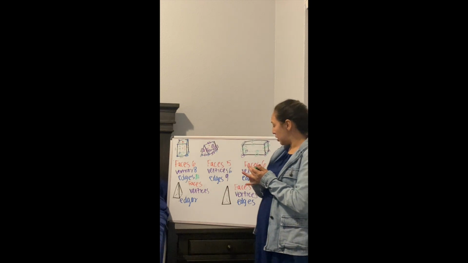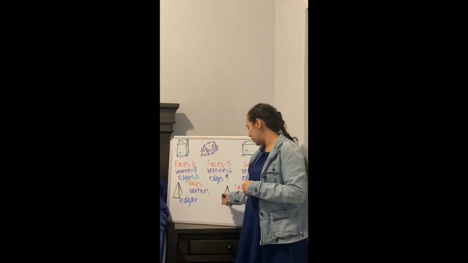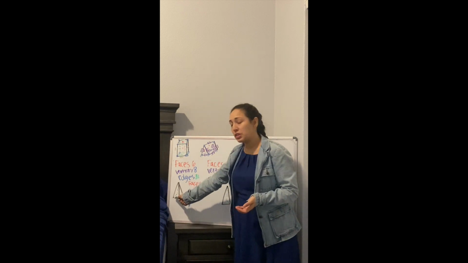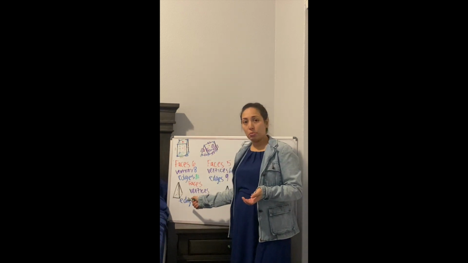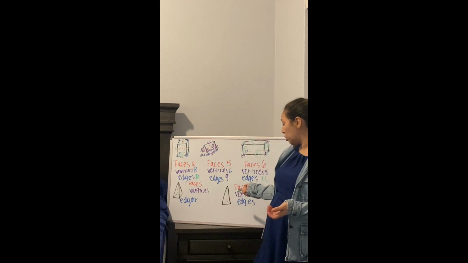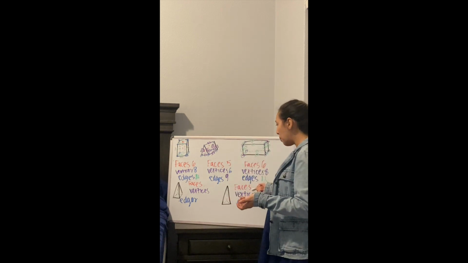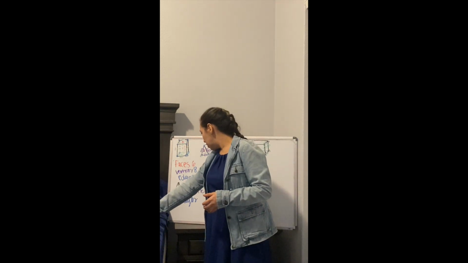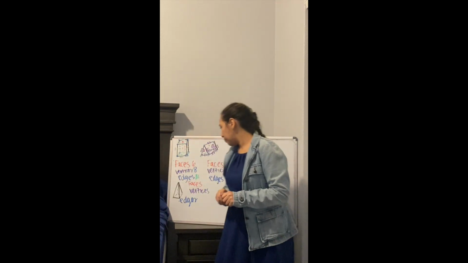Okay, now these 2 bottom ones are very similar. They're both pyramids. So one is a square-based pyramid, and then this other one is a triangular-based. They're very similar, but they will have a different amount of faces, vertices, and edges. So let's do the faces.